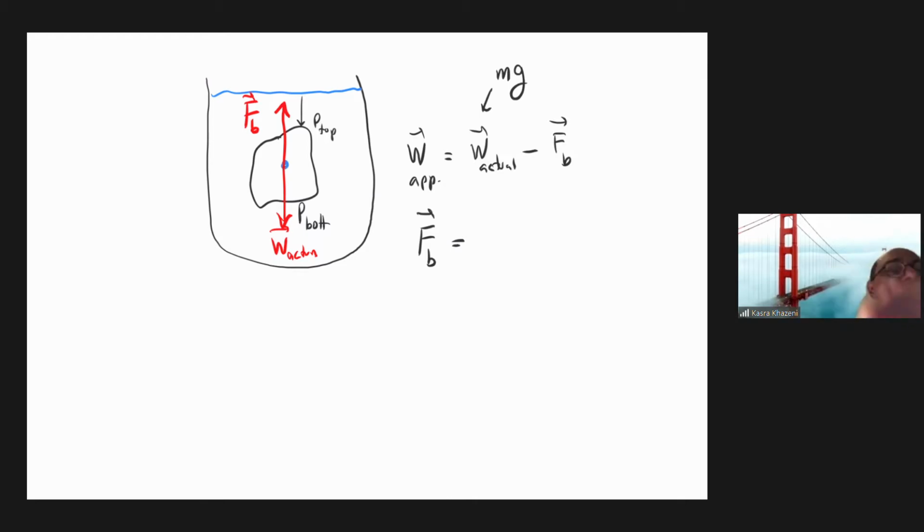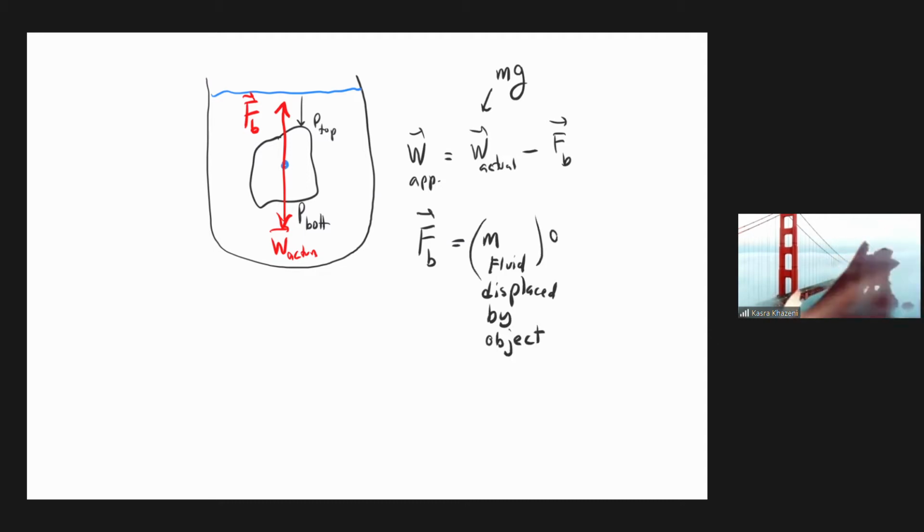Okay, and so it turns out that the buoyant force, the total force that pushes the object up, is equal to the mass of the fluid displaced by the object, okay, times g.